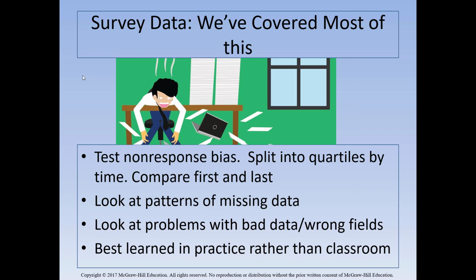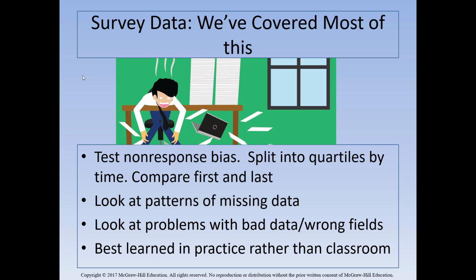So survey data, and again, this is kind of common sense. There's lots of different ways you can go about data. We talked about non-response bias, this idea that we're paying people money to do the survey and it's really long. We're going to be really biased and get lots of people who are money poor, but relatively time rich.